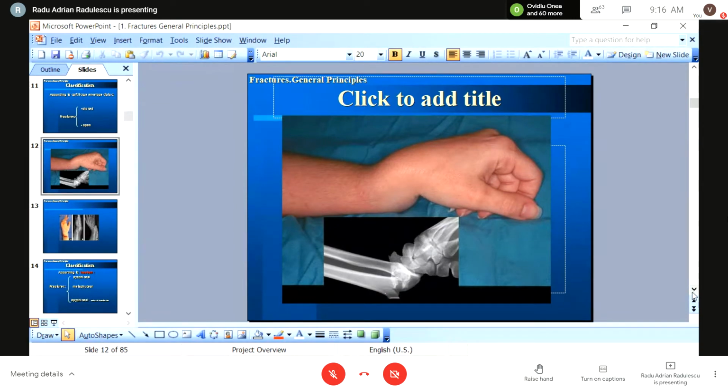Here is a closed fracture. We can see the distal extremity of the radius, so a fracture of the distal epiphysis of the radius.